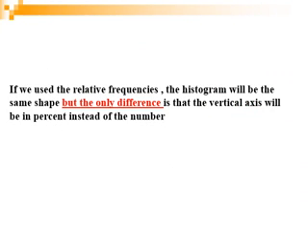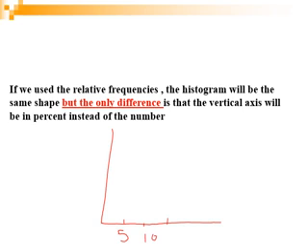If we use the relative frequencies, the histogram will have the same shape, but the only difference is that the vertical axis will be represented in percent instead of numbers. I mean that we have this chart with class intervals from 5 up to 10, 15, 20, for example, and we have bars like this.